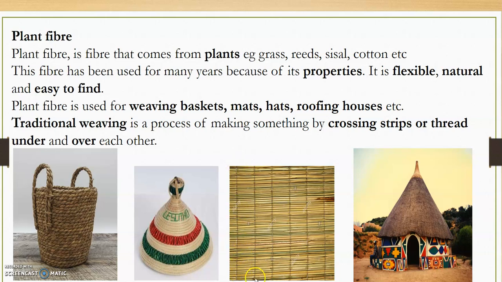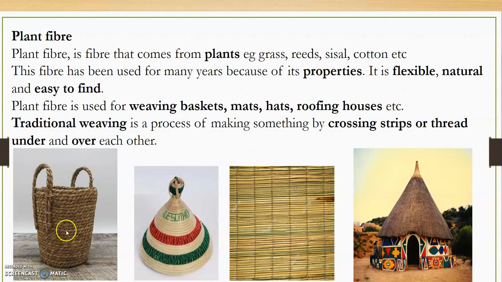Then she comes back and starts again, over, under until she gets to the end. So in the end you come up with a beautiful mat like that you can use for sitting outside or inside the homes, especially in the rural areas.